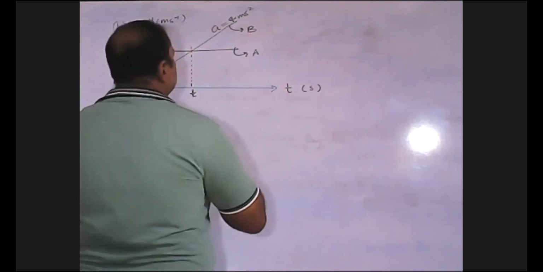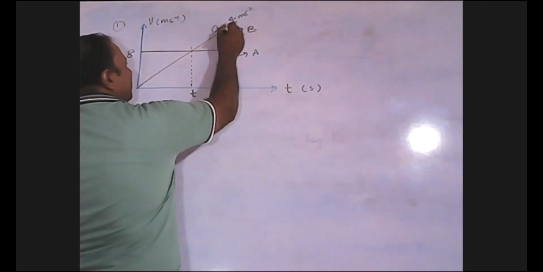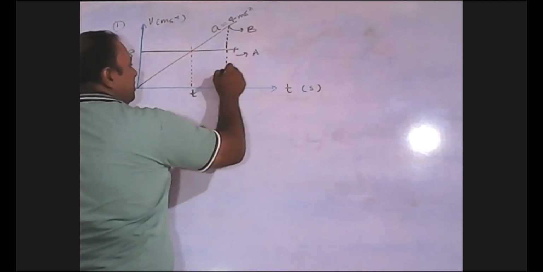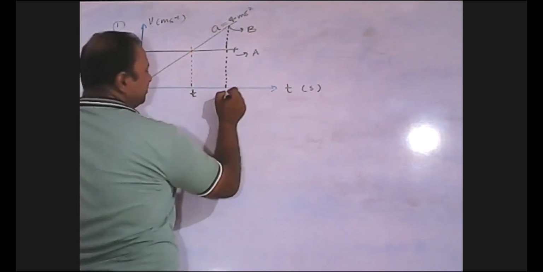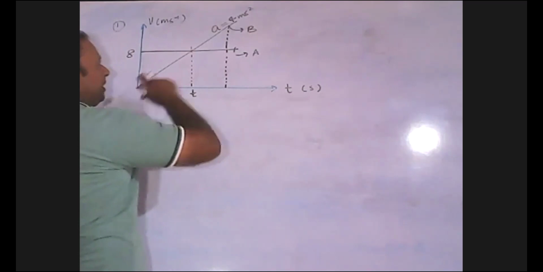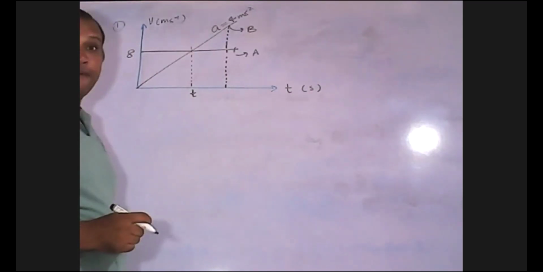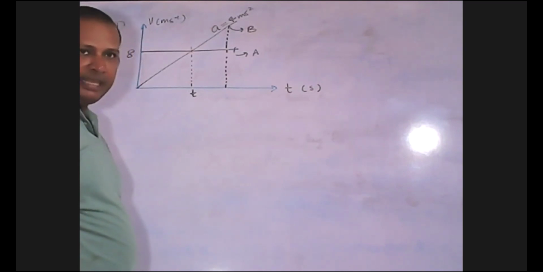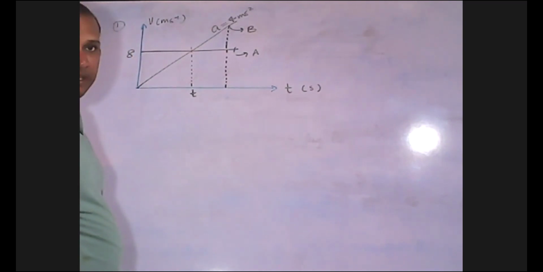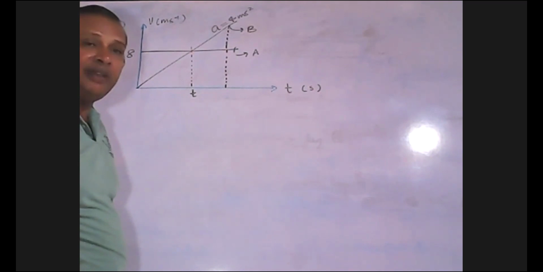Okay, definitely, if car B passes car A, the speed of B should be higher than the speed of A. And the other thing is the travel distance.